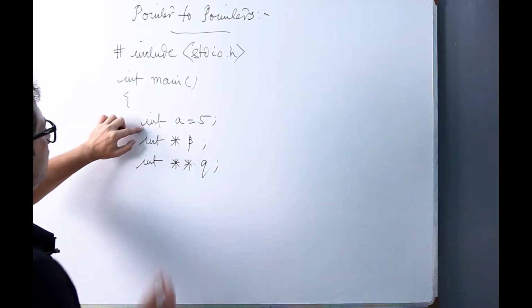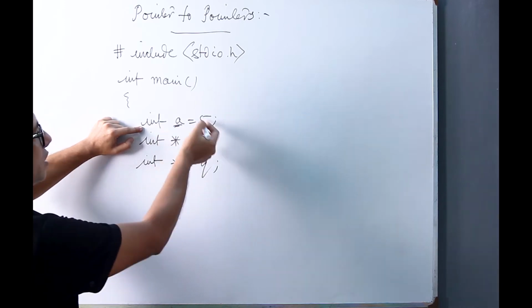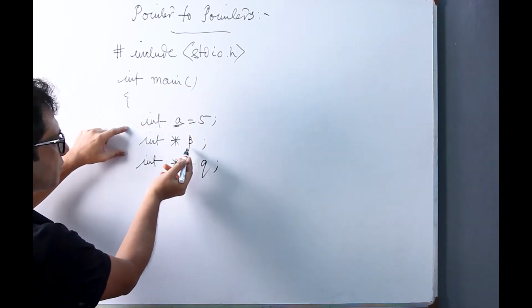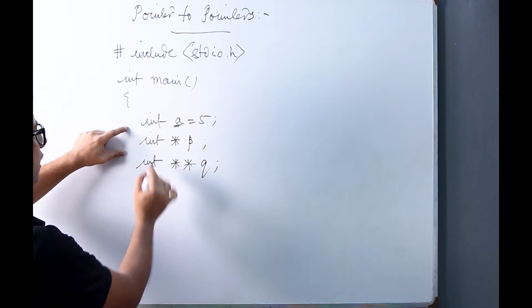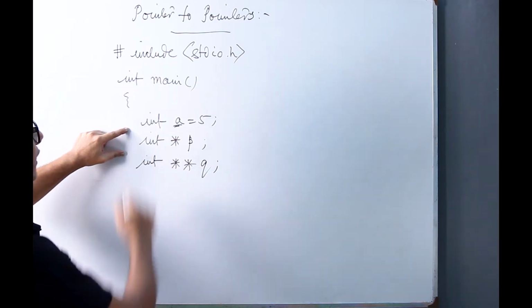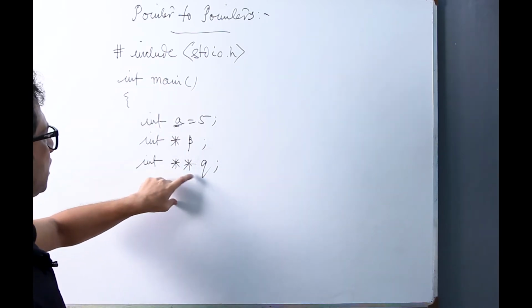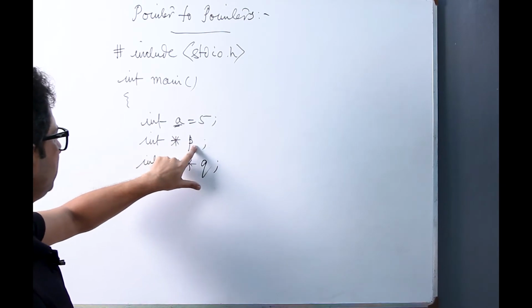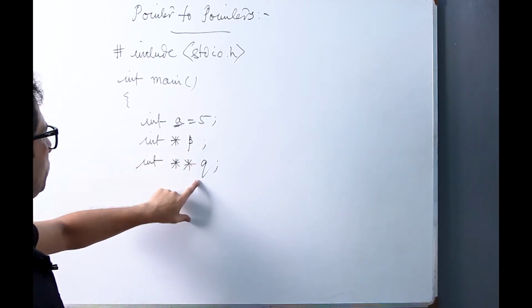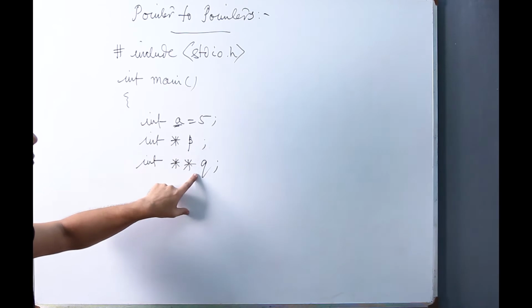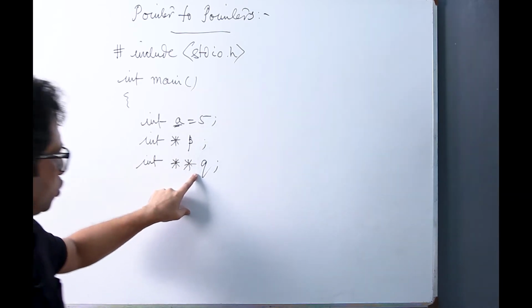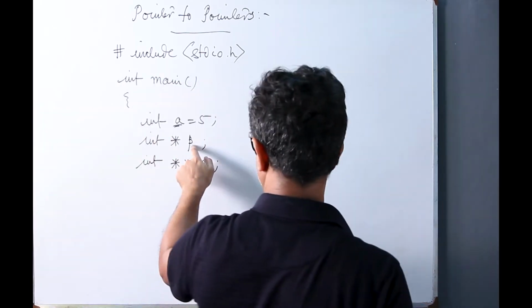So this is an integer variable a which contains the value 5. This is a pointer to an integer p. So this is p, this pointer is p, this pointer is q, but this is a pointer to an integer, but this is a pointer to a pointer. So there is a difference between these p and q.